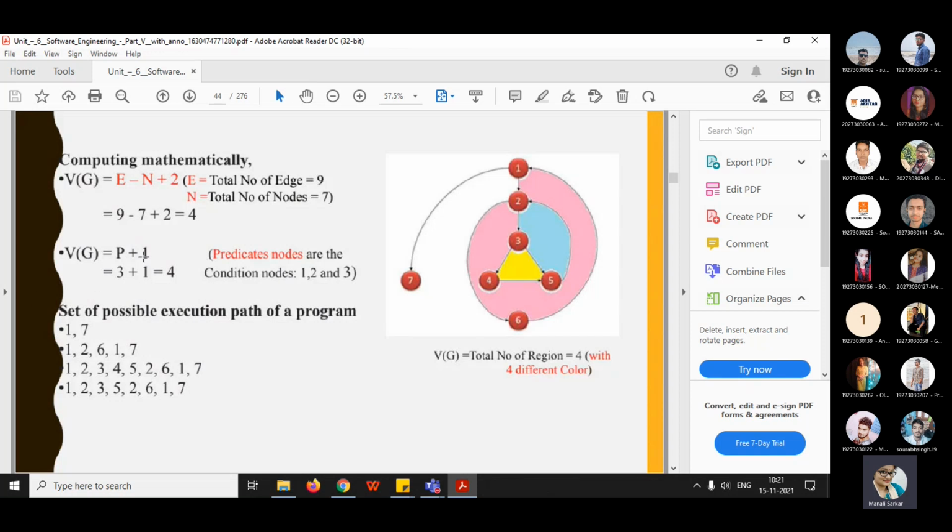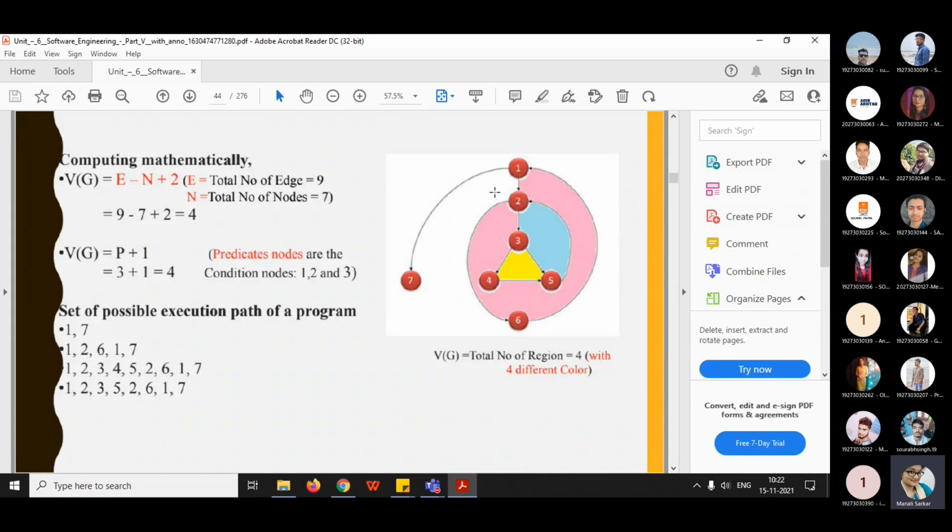Now in this question, how do you find the number of predicate nodes? What is a predicate node? A predicate node means those nodes which have more than one outgoing link. See here, if you look at node number 1, how many outgoing edges are present? 1 to 2 is one outgoing edge, and 1 to 7 is another.